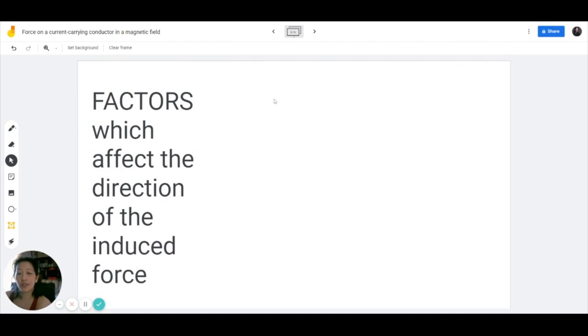Now, you also need to be aware of how the direction of the induced force can change. Same thing. You know that this direction changes with the direction of the manipulated variables.